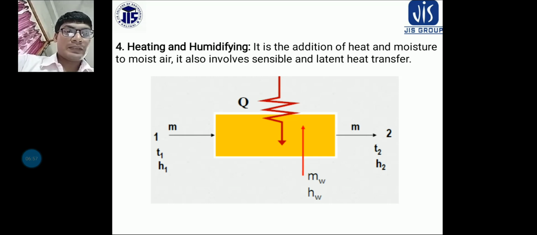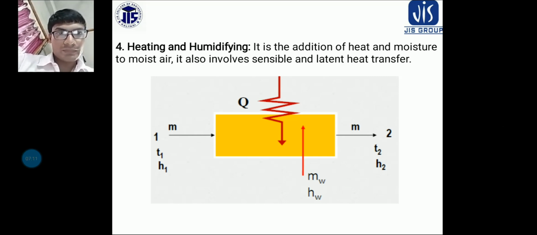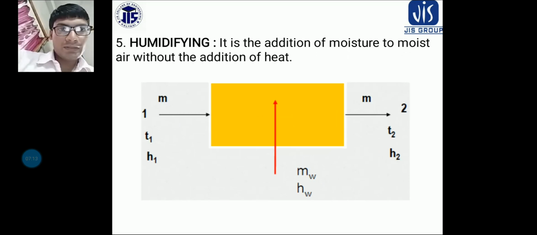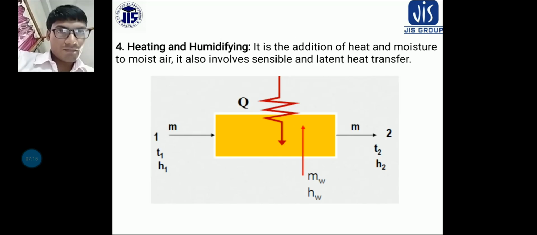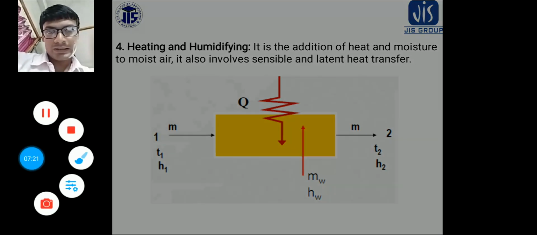Some enthalpy is added, because enthalpy is a function of heat content, and at the outlet we get T2 and H2, where T2 is the temperature and H2 is the enthalpy. If I am heating this, what happens?